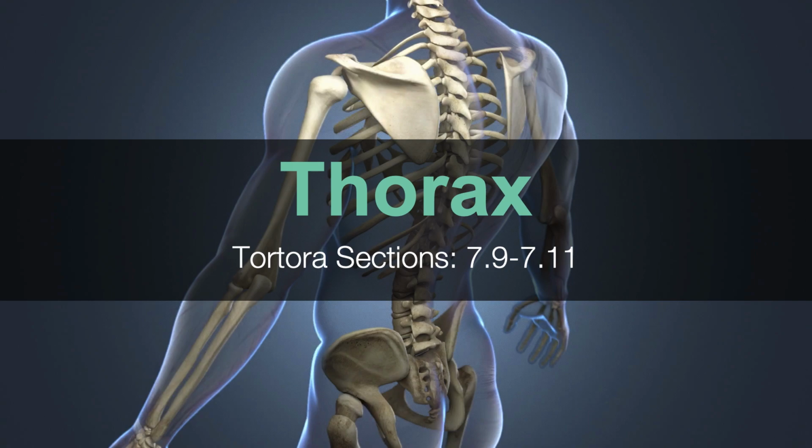So, we understand bone tissue, we understand the skeleton, we understand joints. Now we have an introduction to how muscles will contract and shorten and then allow movement or produce movement at those joints.